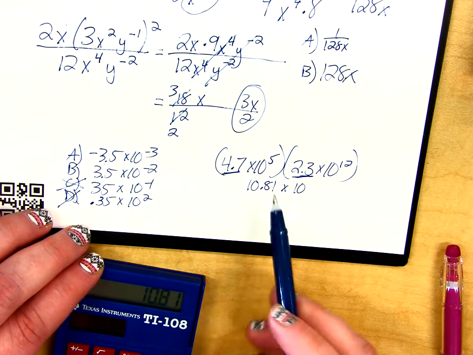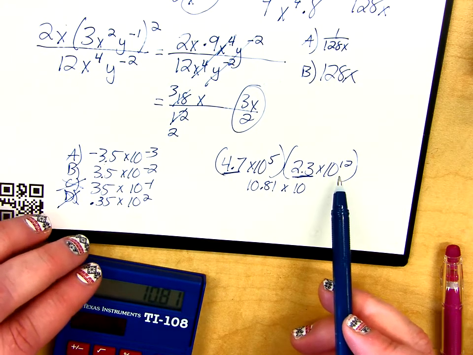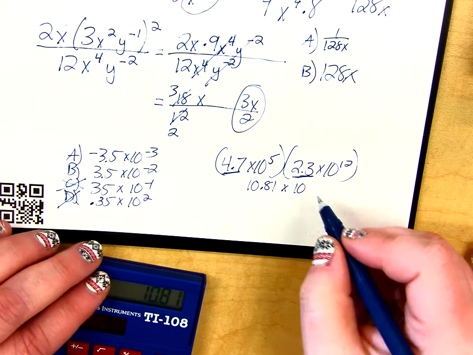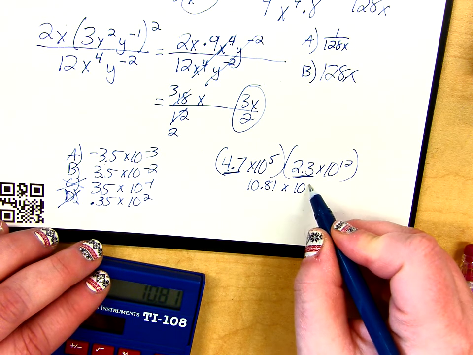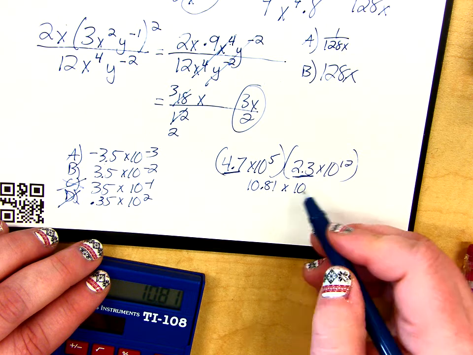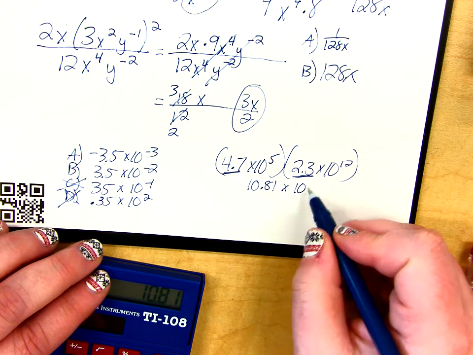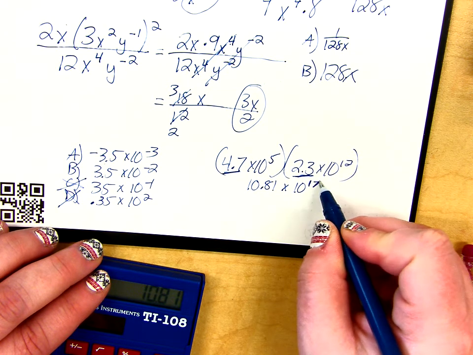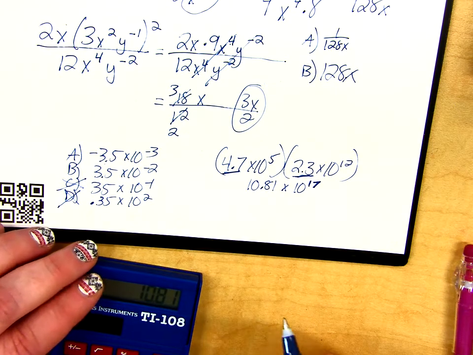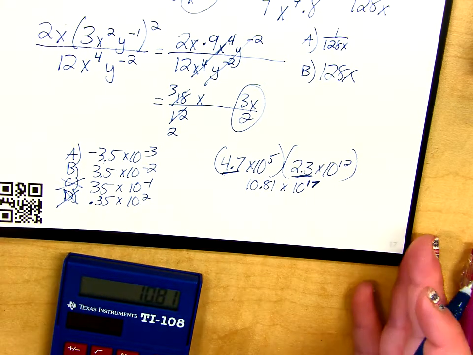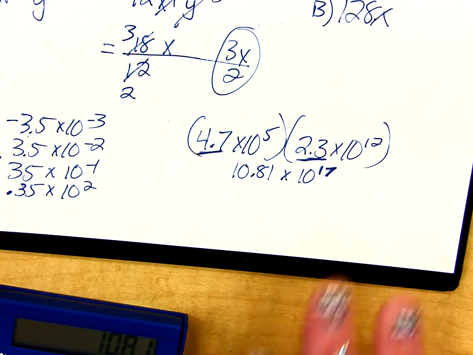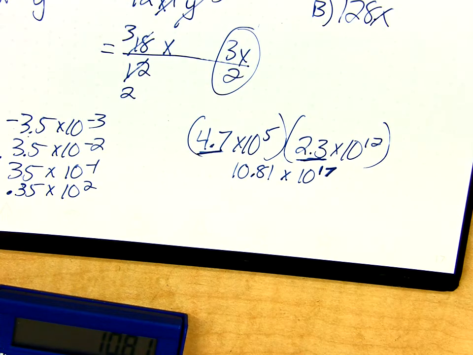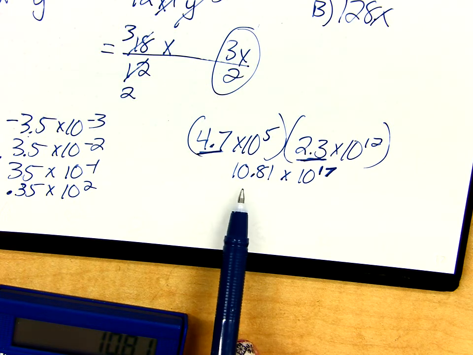And then if I multiply 10 to the 5th times 10 to the 12th, that would get me 10 to the, close, 5 and 12 gets me 17. But now, if you pick that as your answer, you're probably getting it wrong, because that is not in scientific notation; that's too big.